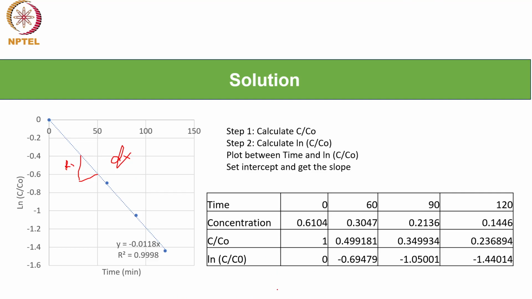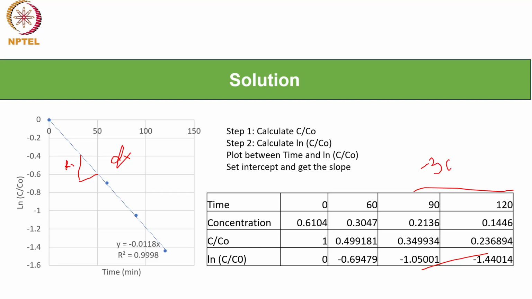Or if you take this point and this point, let me tell you numerically. If you take these 2 points, 90 and 120, use the calculator and find the difference. Between the two values it is minus 1.44014, and between the times, 90 minus 120, it's going to be minus 30.